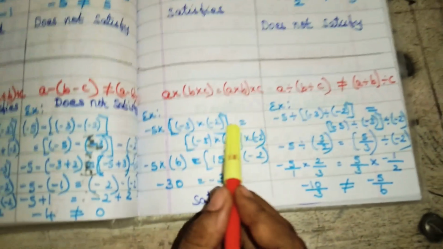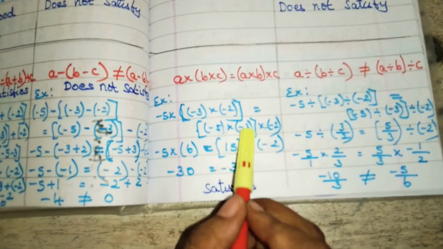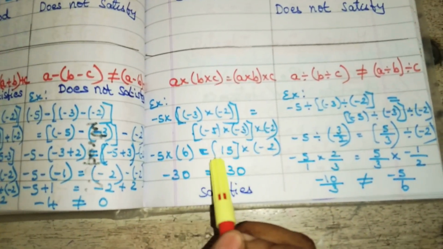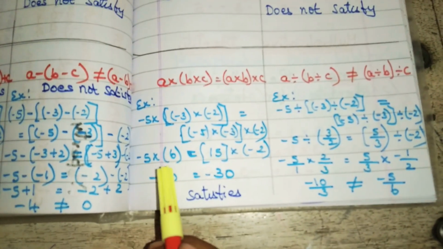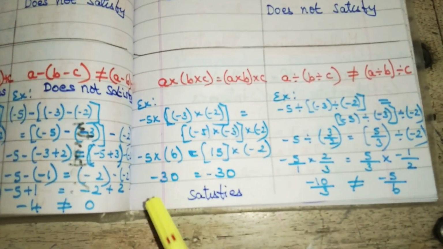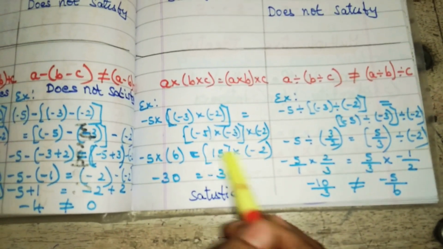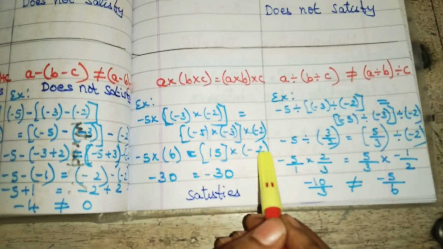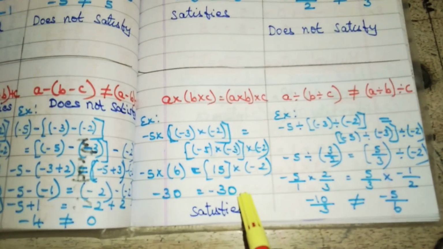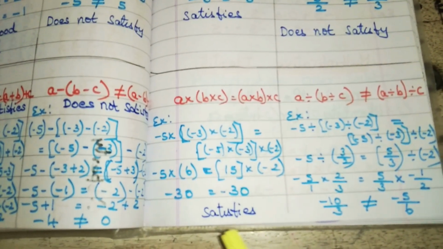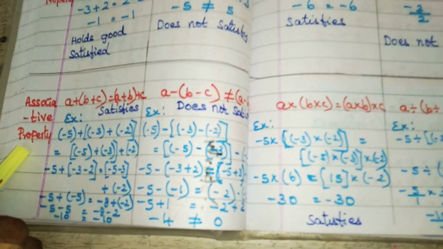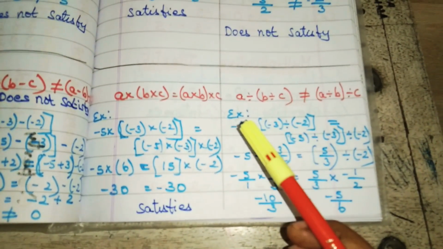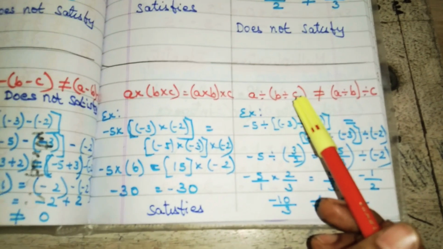Is equal to, the first big brackets has to be simplified. So 5 3s are 15, minus into minus is plus, into minus 2. Now minus into minus, minus 5 6s are 30. Here plus into minus is minus, 15 2s are 30. So LHS is equal to RHS. So multiplication is satisfied under the associative property. Now for division, again A divided by B divided by C.